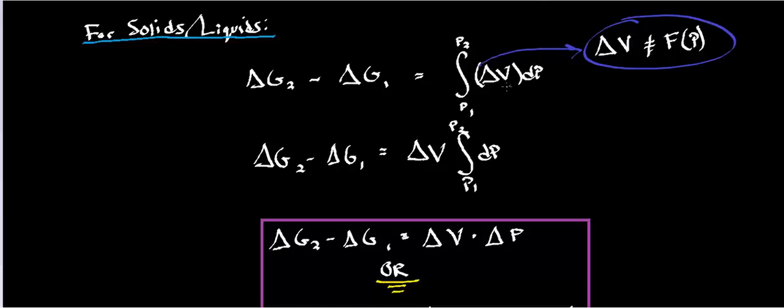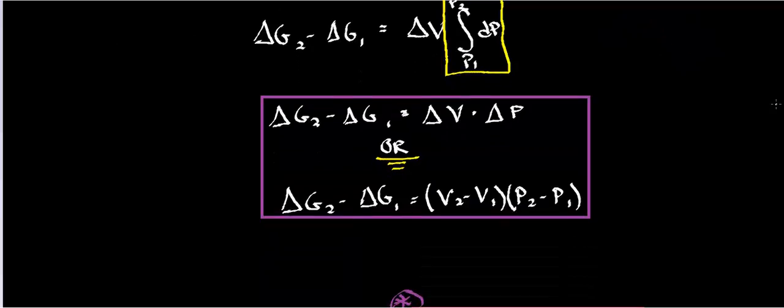So you can just pull this outside of the integral, and that's what I've done here in the second step. Then I have delta G2 minus delta G1 is equal to delta V times the integral of dP from P1 to P2. And obviously when you evaluate this integral of dP, that's just delta P. So that's what I have here. Delta G2 minus delta G1 is equal to delta V times delta P.